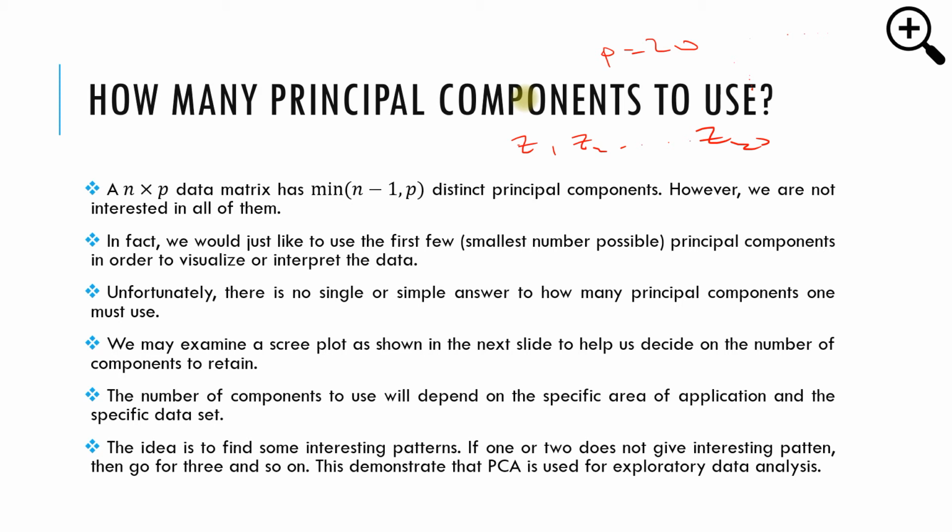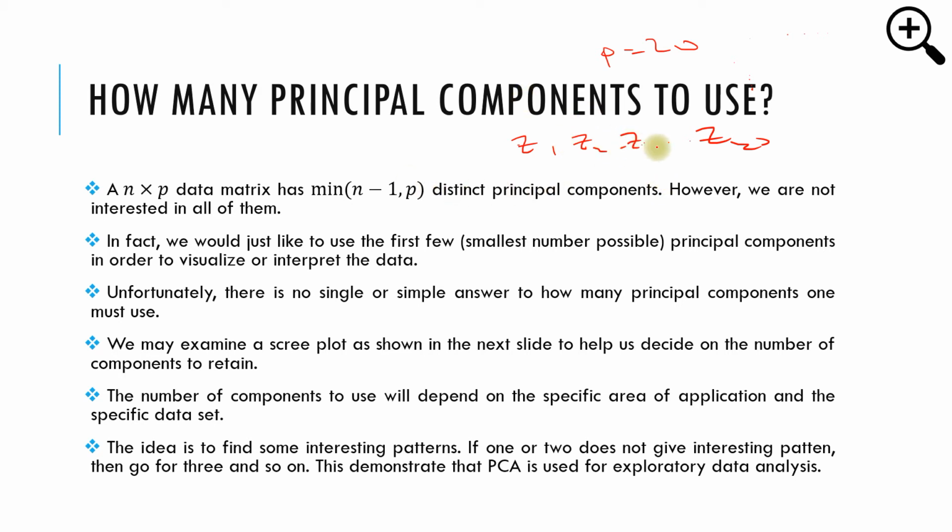Now, what do I mean by the first few? There is no real rule that can be applied to decide on that. Although there are some guidelines, you don't have a rule as such. You can get some idea about how many components can be retained for analysis.